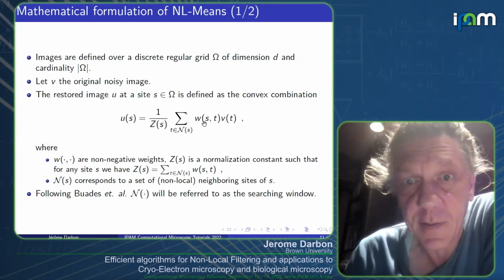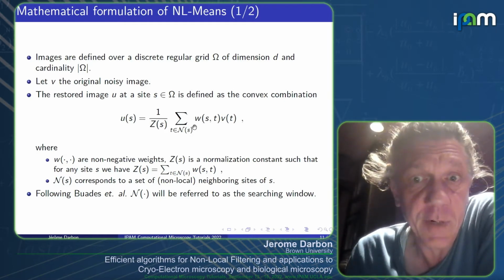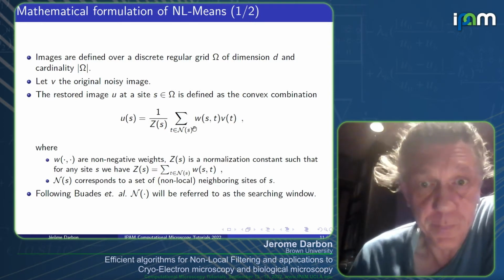Once you have the weights, then you simply do this average to denoise the image.